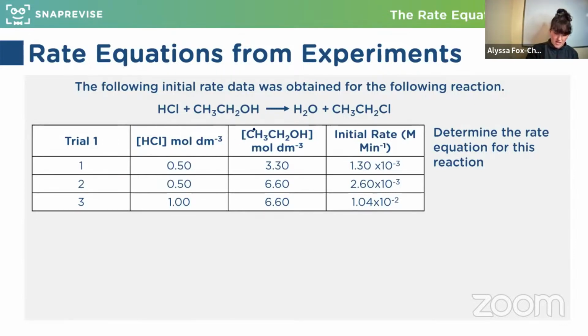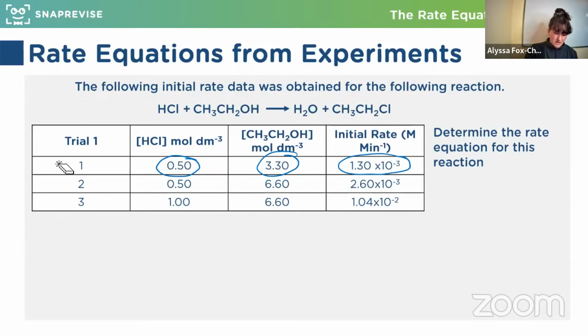So trial 1, experiment 1, we had HCl at 0.5 moles per decimeter cubed and ethanol at 3.3 moles per decimeter cubed. And we measured the initial rate. So that's the fastest rate of the reaction, the initial rate, the rate at time equals 0, t equals 0. The initial rate, we measured that rate. And the rate for that first trial was 1.3 times 10 to the minus 3 moles per minute.